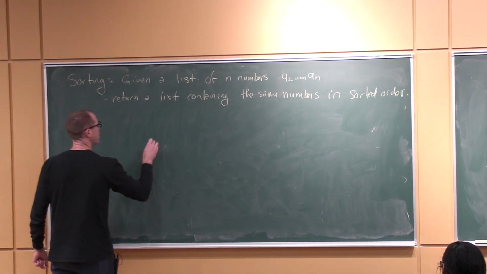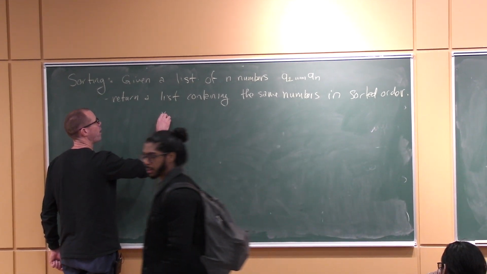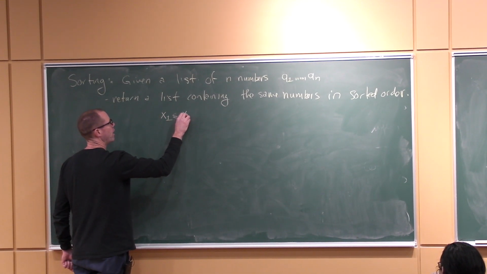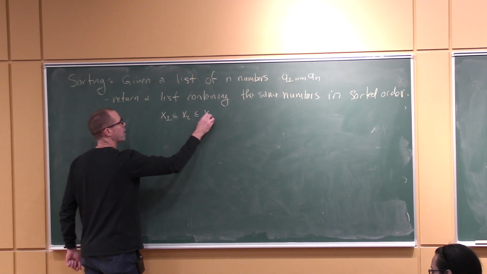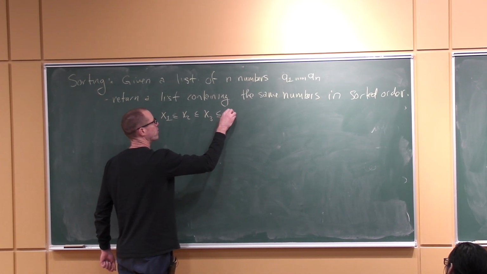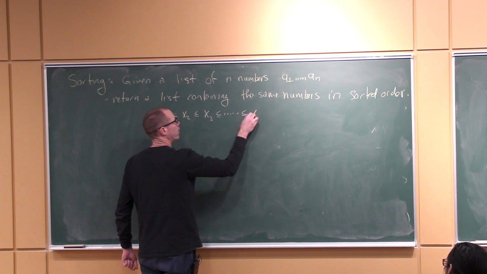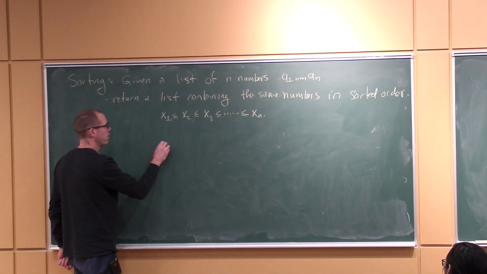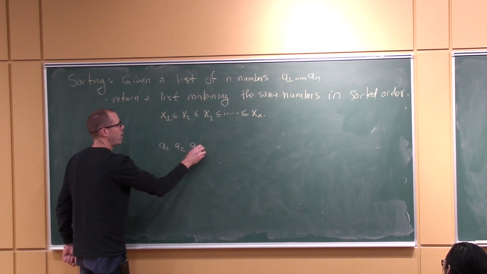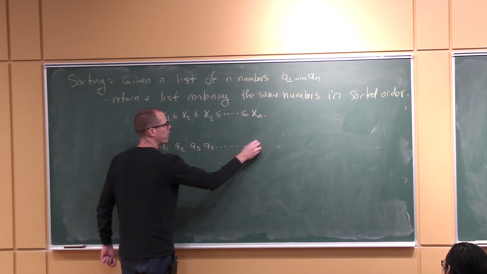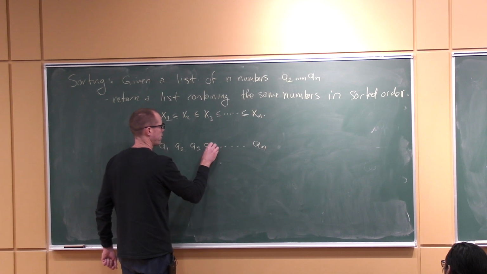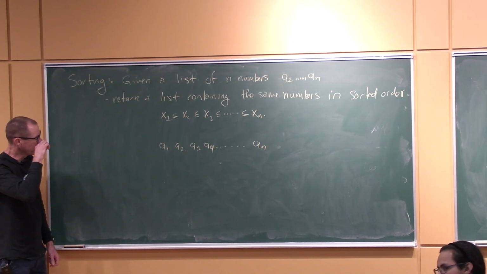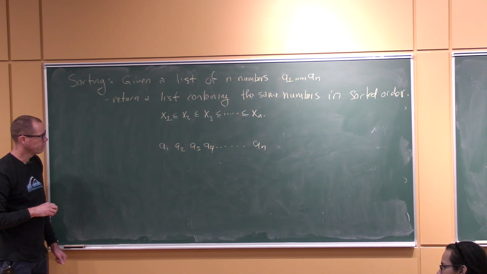So you return a list that looks like x1 through xn, but in that list, x1 is less than or equal to x2, is less than or equal to x3, is less than or equal to xn. And these are the same values that appear in your input list. Not in the same order, but the same values.